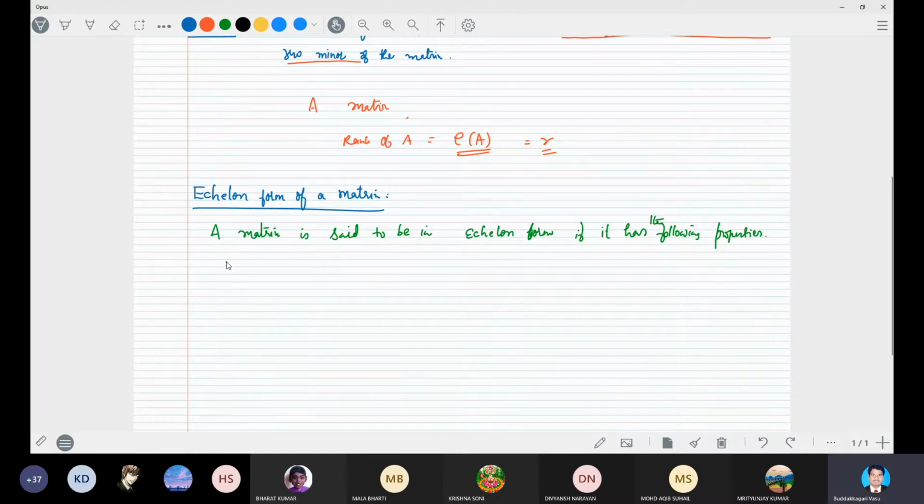Number one, zero rows. You know what zero rows are? Rows and columns in a matrix, right? Zero rows, if any, in the given matrix are below any non-zero row.